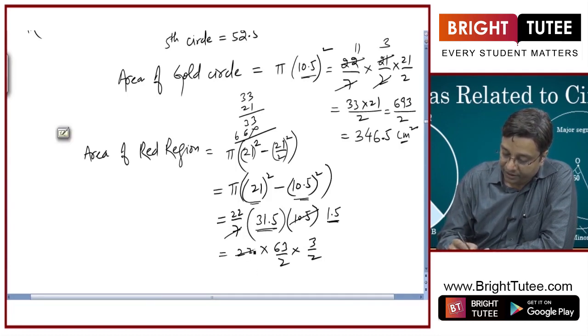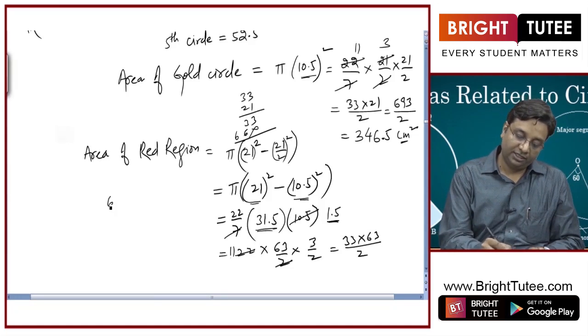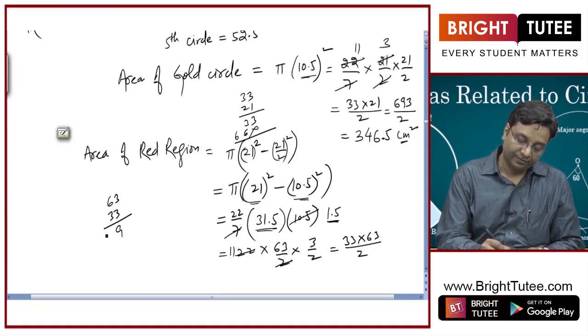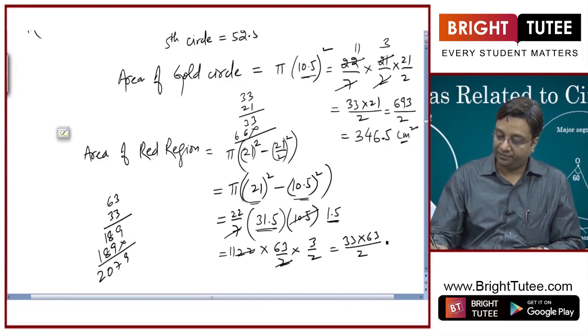Okay, this is 11 into 3 is 33 into 63 by 2. What is 63 into 33? 2079.